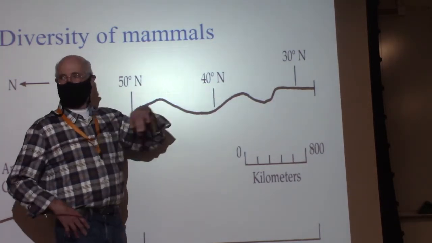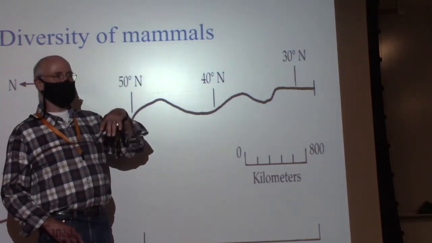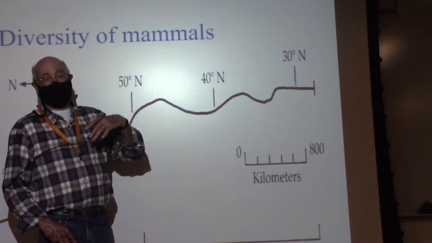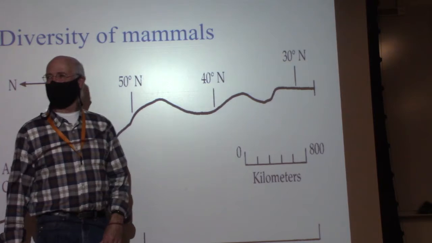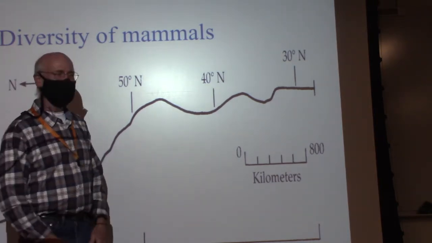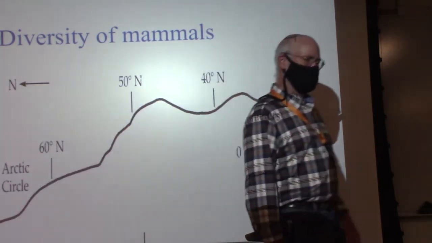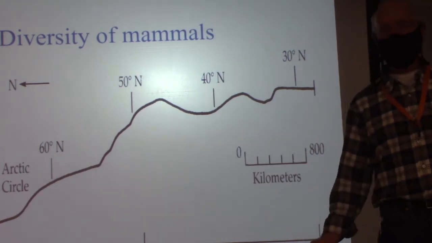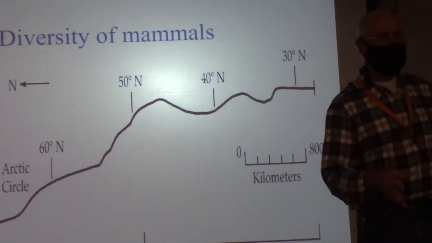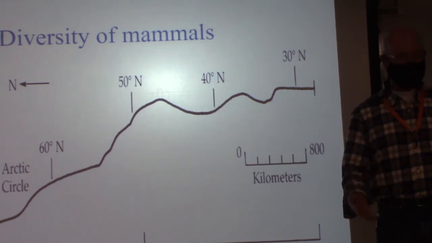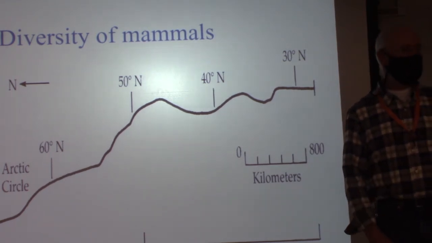What are the bears like in the tropics? There are none. Well, there used to be. Next time you go to the zoo, the St. Louis Zoo, check out the Malayan sun bear. How big are Malayan sun bears?